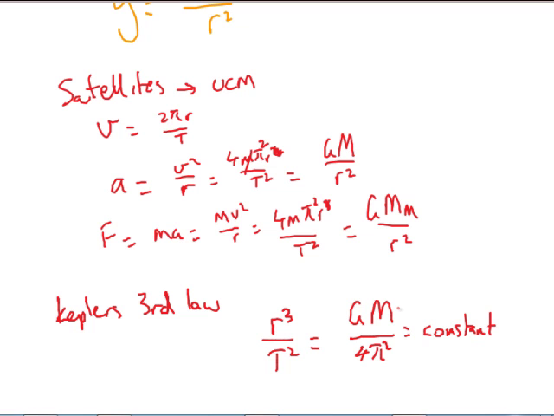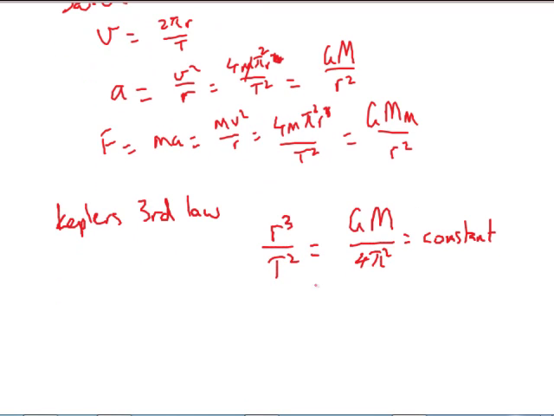So for any objects orbiting the same body, the ratio of the radius cubed over the period squared will be a constant. If you know the radius for both of two objects in orbit and the period for one, you can calculate the period for the other.